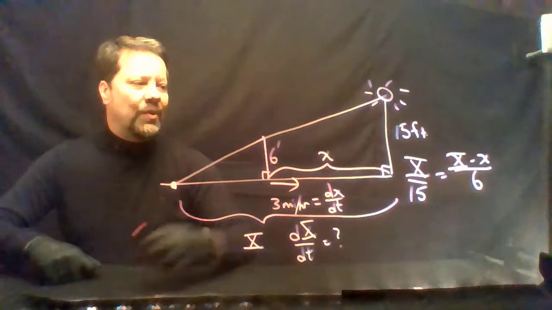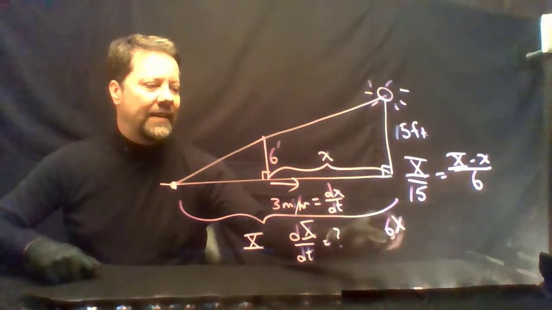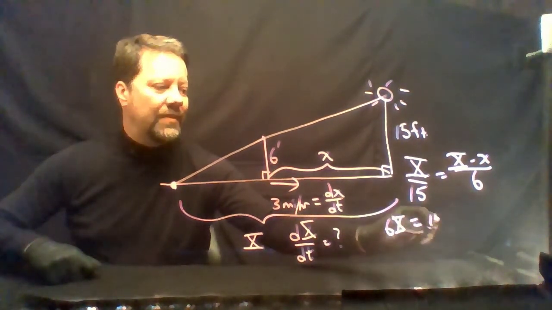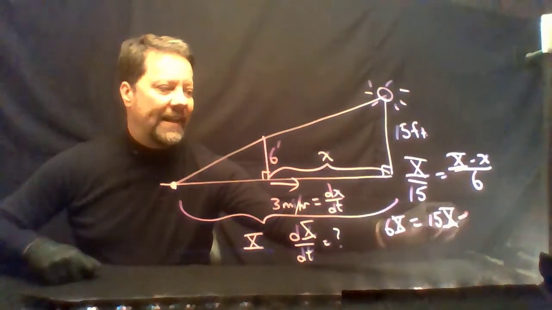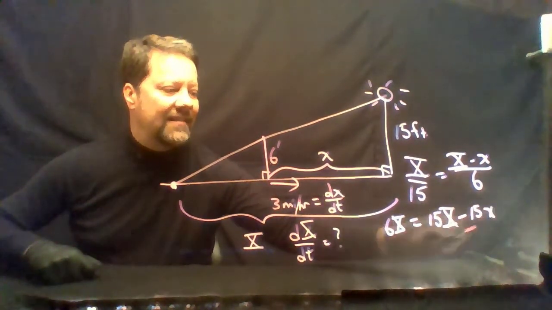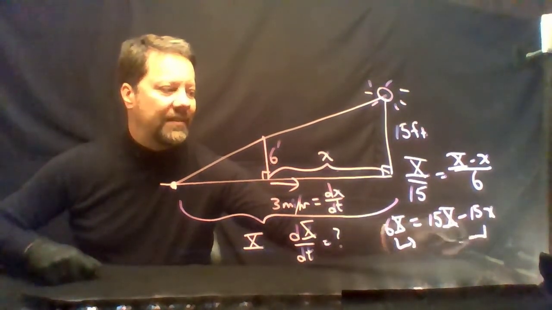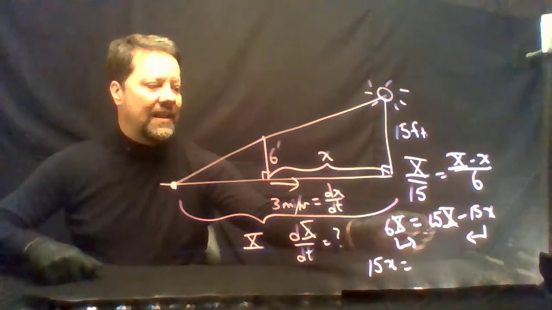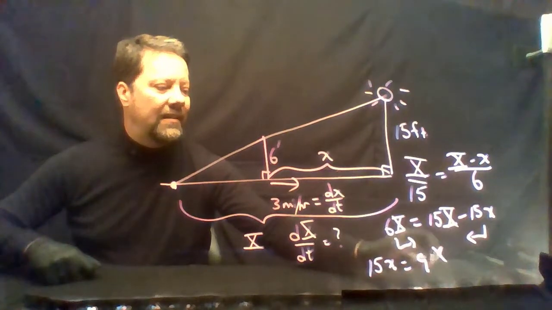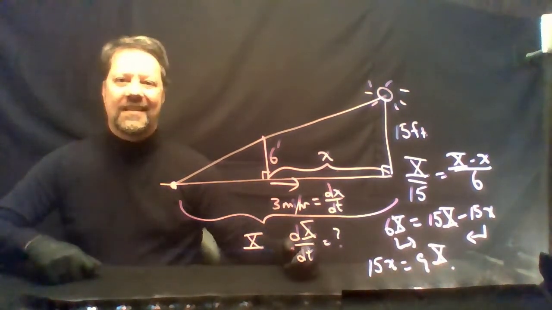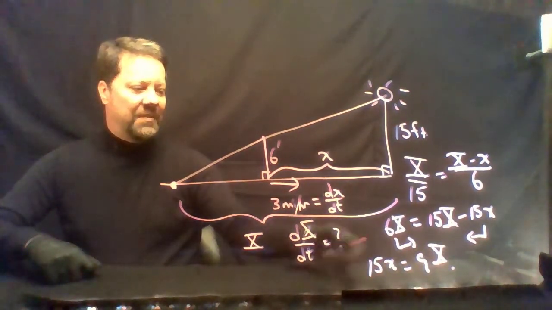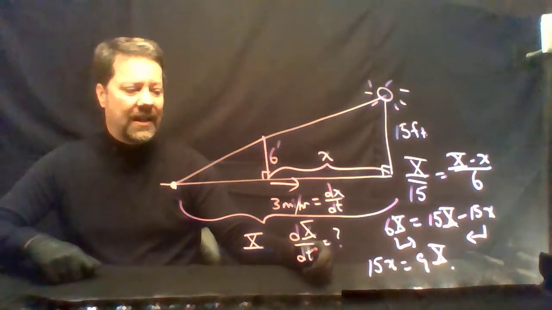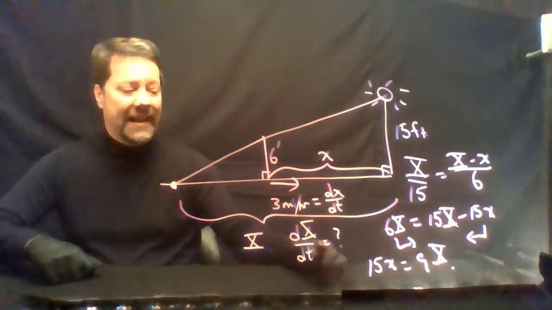We can now cross multiply: 6 big X equals 15 big X minus 15 little x. We'll move some terms around and we'll get 15 little x equals 9 big X. From here we can take the derivative on both sides. We can also divide both sides by 3.